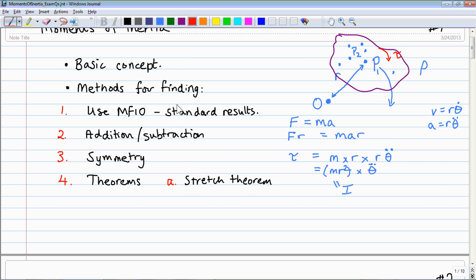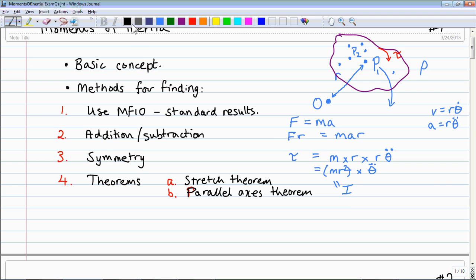The second one is called the parallel, sorry, let's use black. The parallel axis theorem. Parallel axes, plural, theorem.